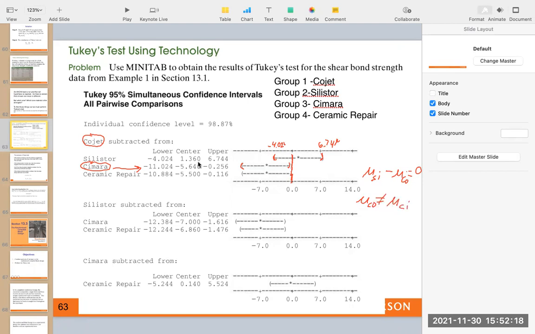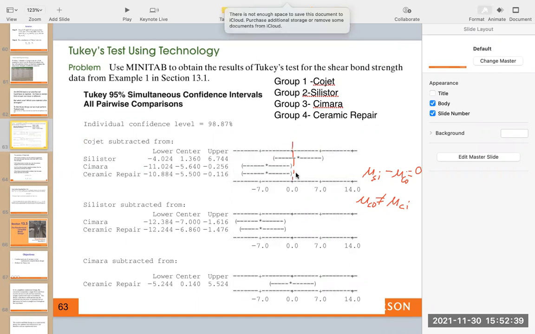Okay. And then now we're going to look at this last one here, which is Coget subtracted from ceramic repair.